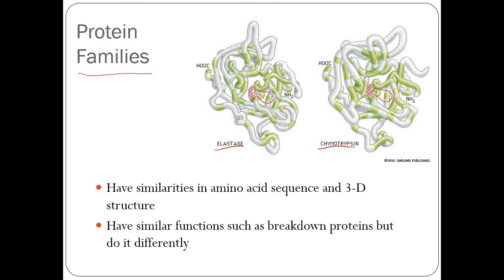To know if these are families, we have to check their amino acid sequence. Okay, so there are so many bioinformatic tools to do this. So we can just do this on the internet to check their similarity in the amino acid sequence. Okay.